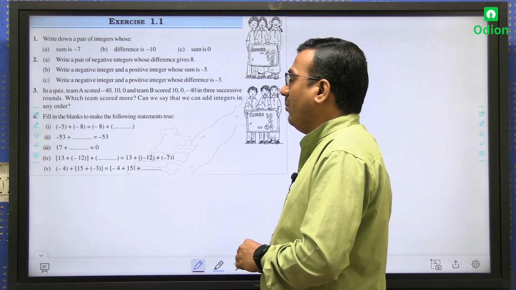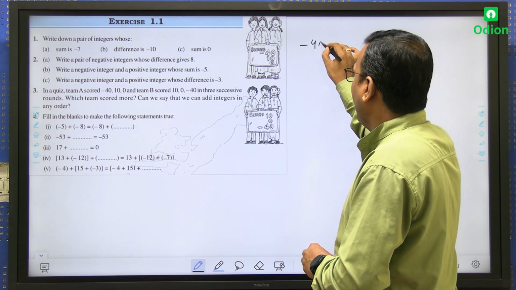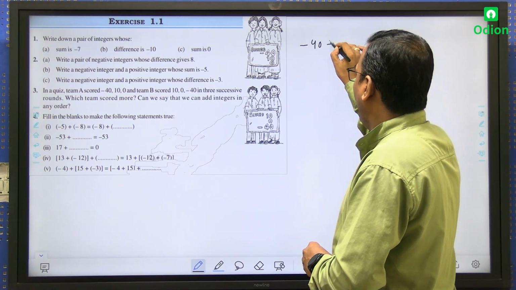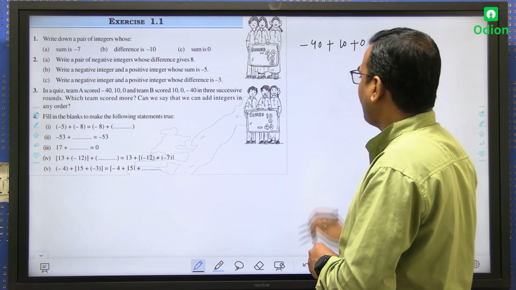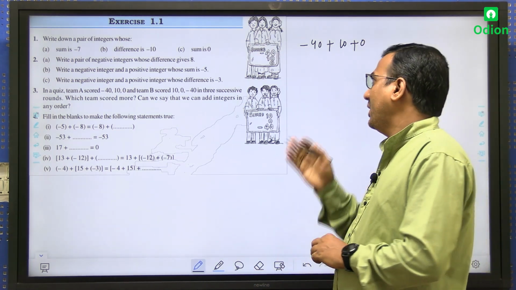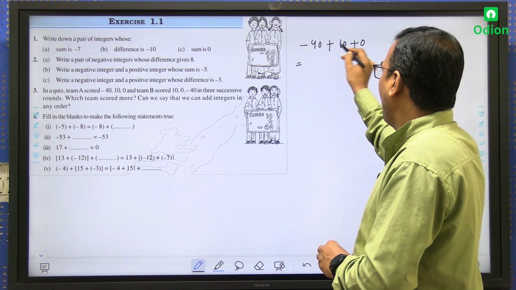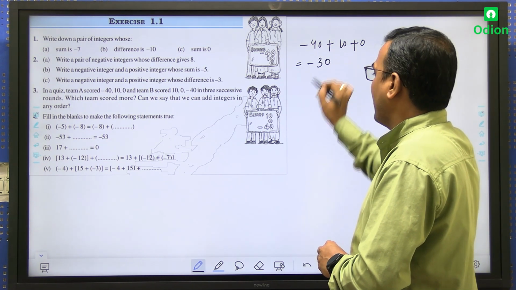For team A, the scores given are minus 40 plus 10 plus 0. No need to write 0 because the value is 0. Minus 40 plus 10, the answer is minus 30.